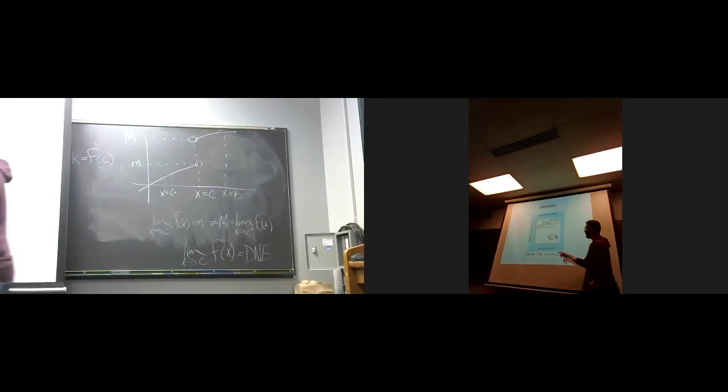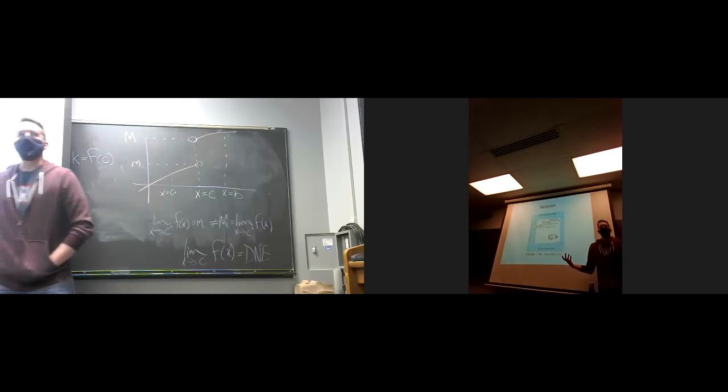We want to show that it doesn't exist. Why doesn't it exist? Well, as x approaches 2 from the left, we're going to get close to 14. Coming at it from the right, we're going to get close to 16. So since they're not equal, the limit doesn't exist.